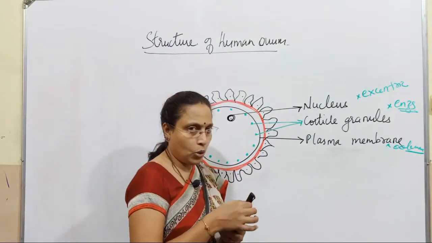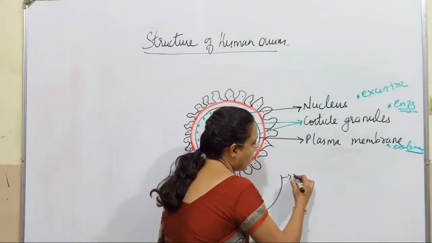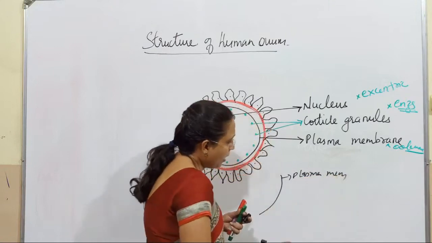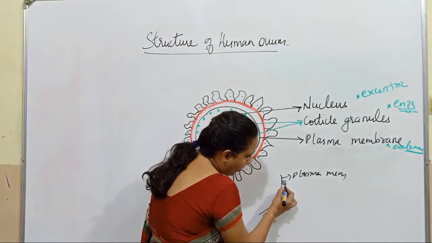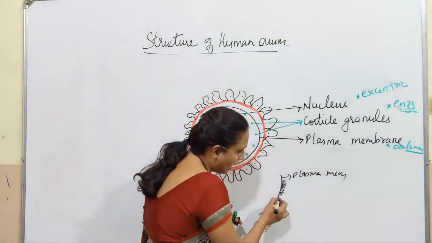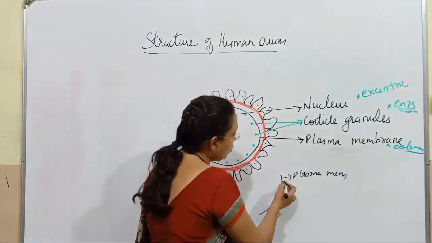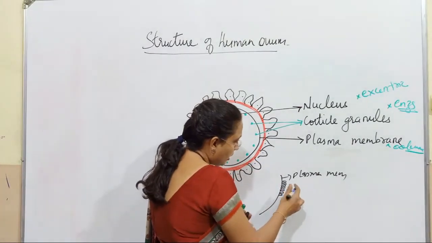And you also should know, consider this is the plasma membrane. Now the surface of this plasma membrane can show microvilli, finger-like extensions. What is the use of that microvilli? It can take the nutrients. After this, what comes here?